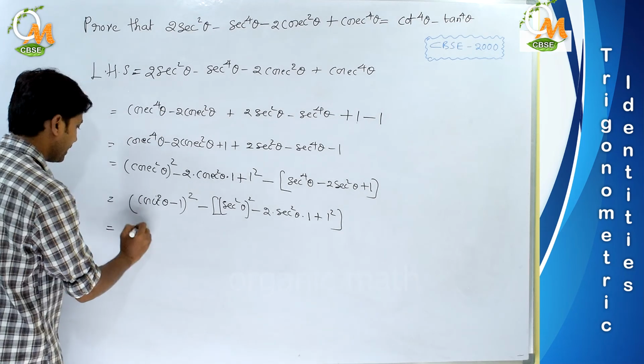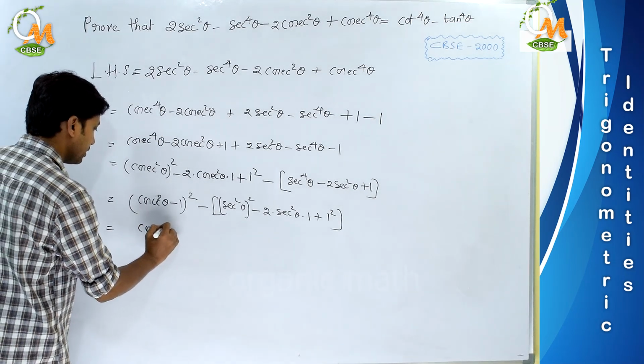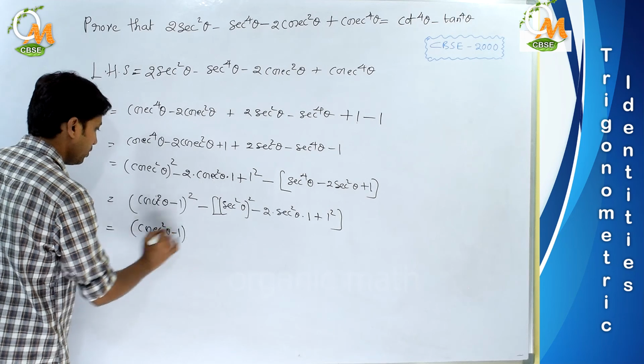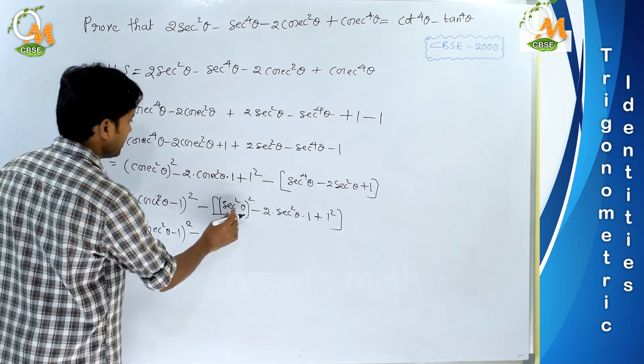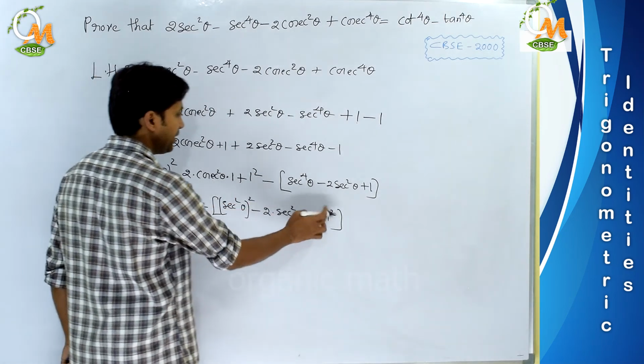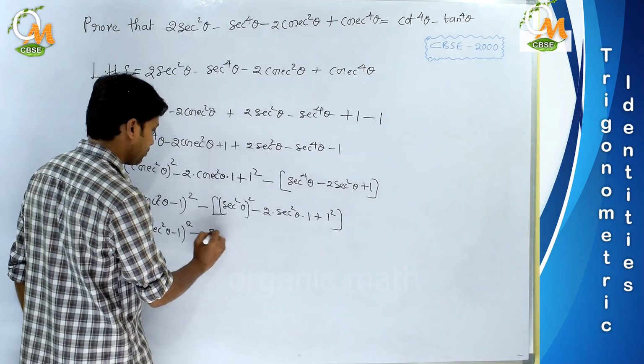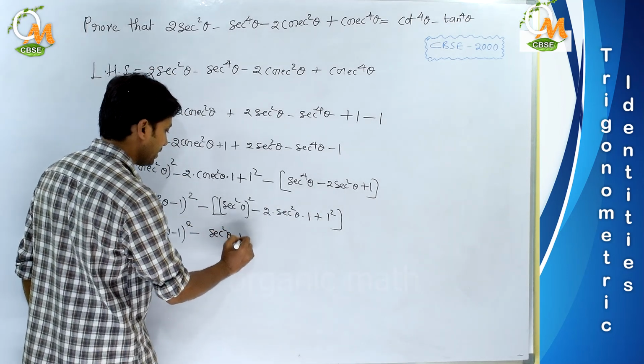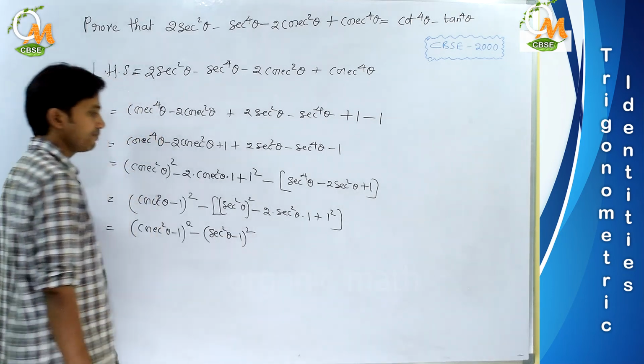So we can write it as cosecant square theta minus 1 whole square minus of secant square theta minus 1 whole square, where A is secant square theta and B is 1.